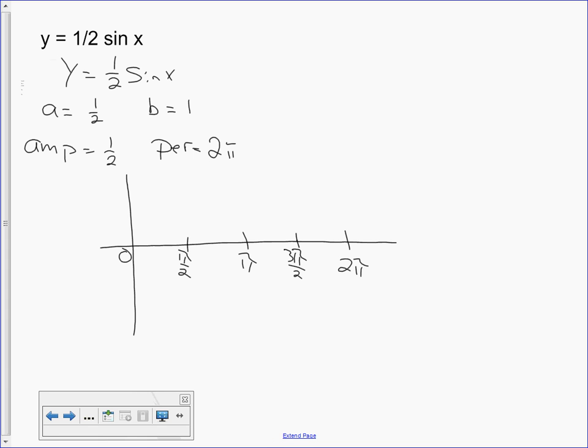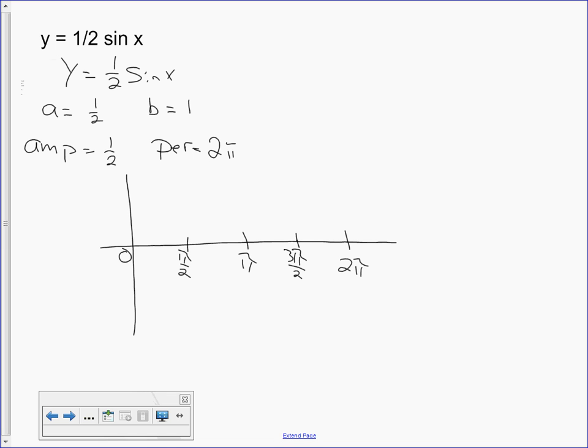When you break it up, you have to mark them all, and that's one of the things that you're going to be graded upon when we get into these things more. These are called critical values. You always want to mark those quarters. It's going to be the same pattern over and over again.